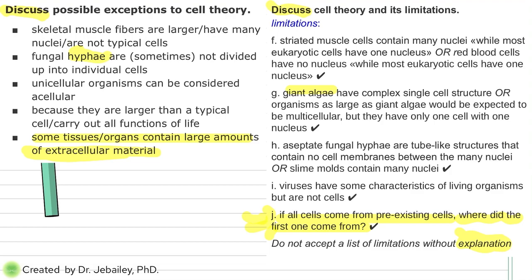It stays as one huge cell with one cytoplasm, with one nucleus. Then you can mention the virus. The virus basically has some of the living traits, but that does not mean it's living. And last but not least, you can finish and say, here's the most interesting one, that we can use Louis Pasteur's experiment and say that cells came from pre-existing cells, but nobody is able to explain where the first cell came from. And bam, you nailed it.